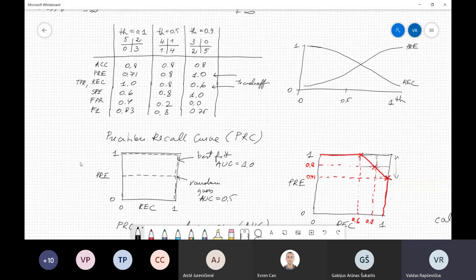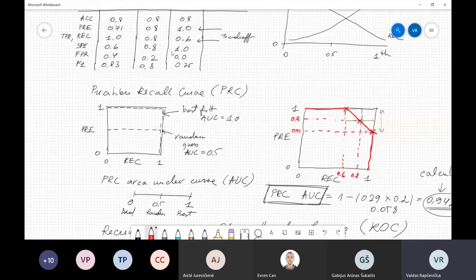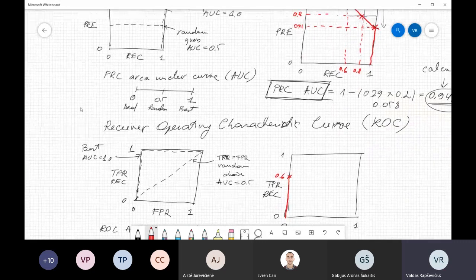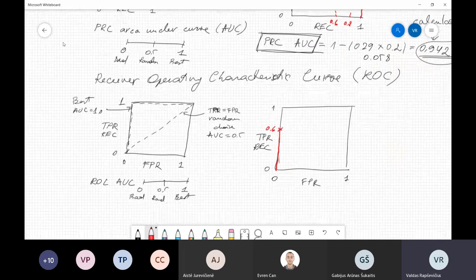Okay, so 0, 0.6, we're moving up until 0.6. Again, choice of this. So this is true positive rate 0.6, somewhere here, we are moving up, and false positive rate is 0, right? So false positive rate is 0, recall is 0.6. Okay, we just moved up, and now we're moving to 0.8, and then the false positive rate 0.2. Right, so here is 0.2, somewhere here, and here is 0.8.